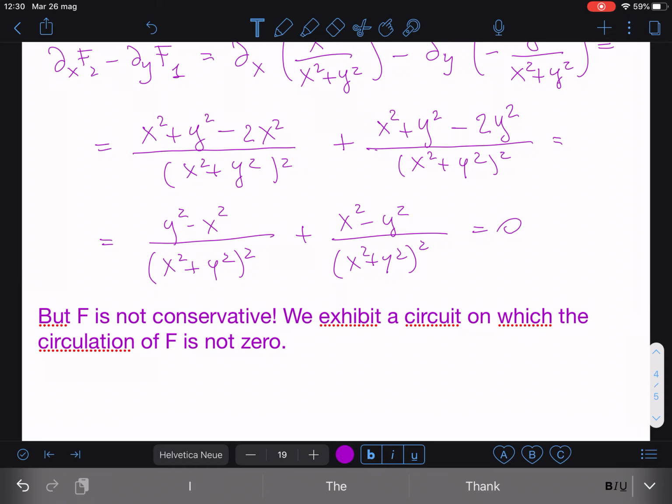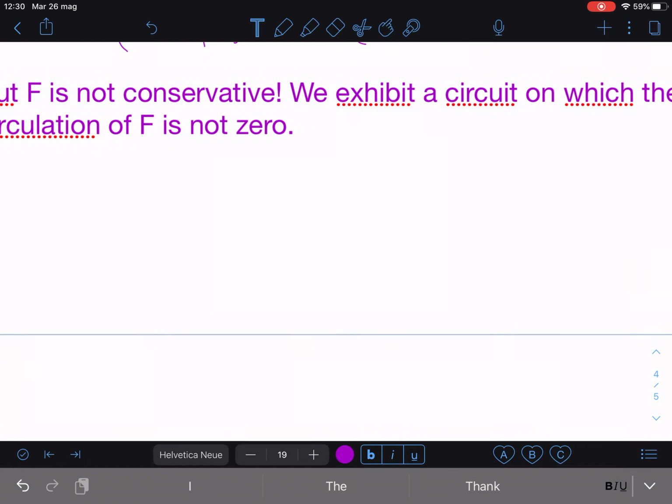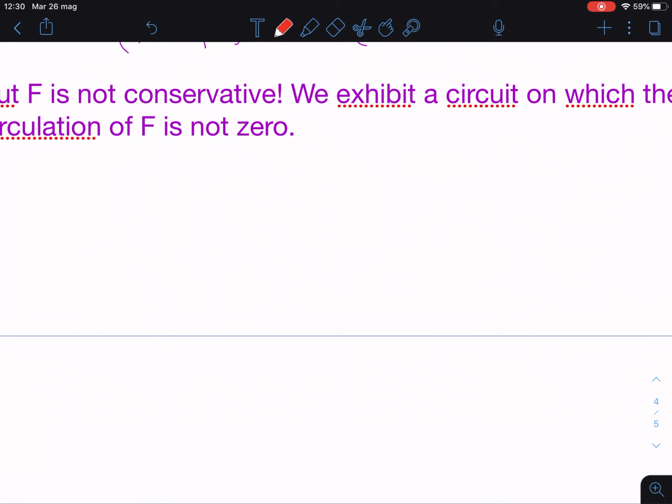And so this circuit is very simple because it is just any circle centered at the origin, irrespective of the radius.